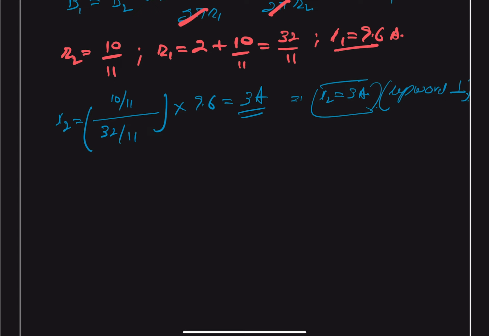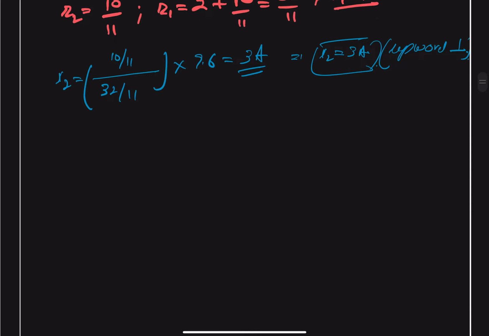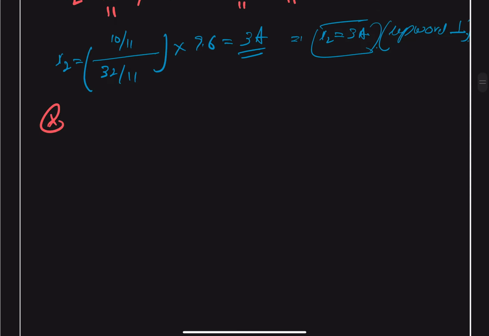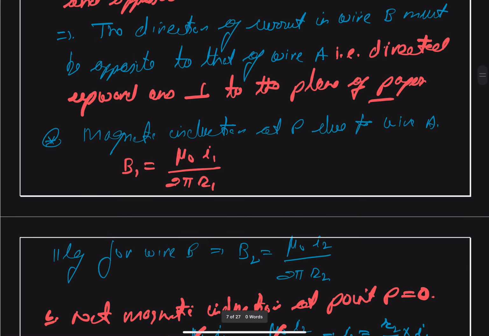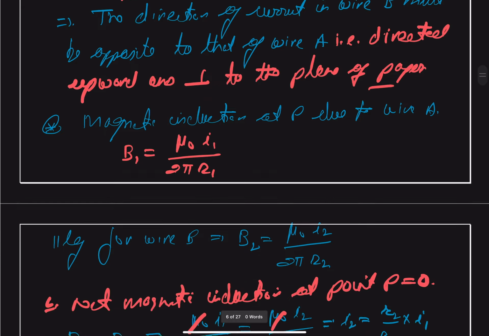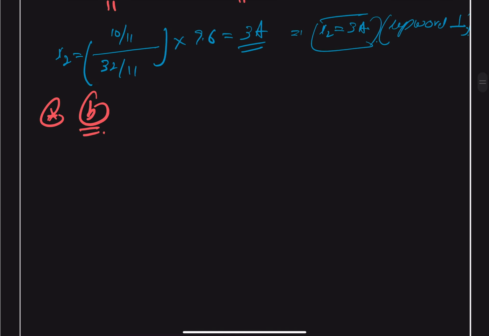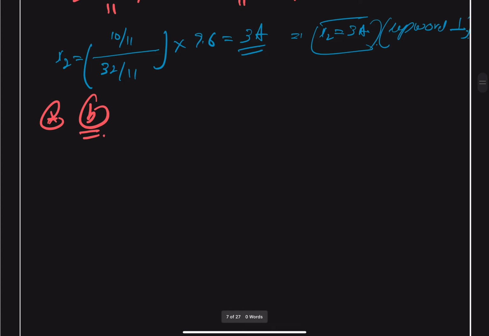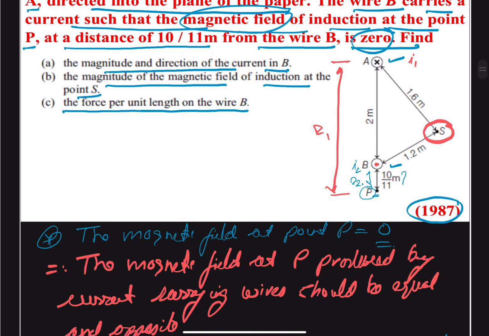Now we come to part B. In this case, we have to find out the magnetic induction at point S. Let us say this distance is R1 prime, and this distance is R2 prime.